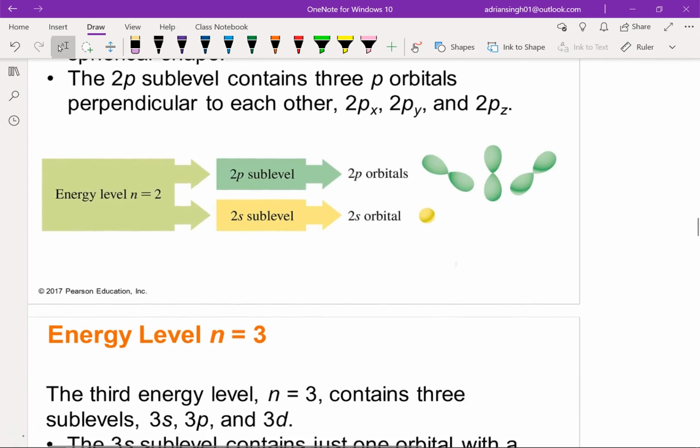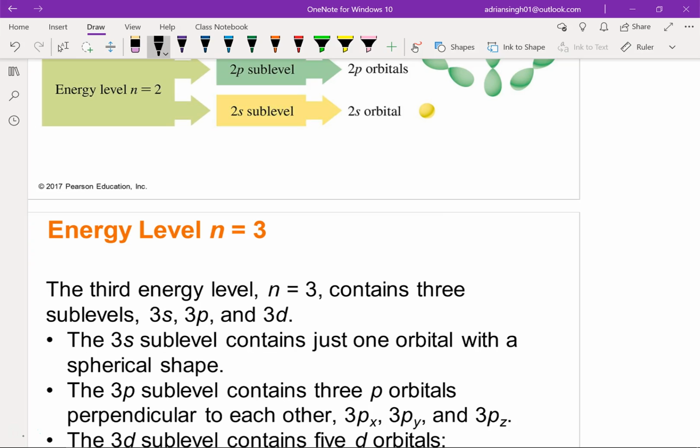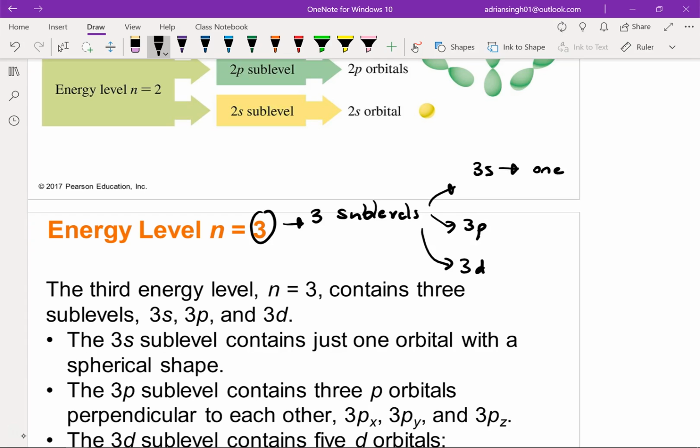When we get to higher energy levels, n equals 3, the 3 tells us we're going to have 3 sublevels. Okay, we're going to have the 3s, the 3p, and the 3d. The s sublevel contains just one orbital, the 3s orbital, like all s sublevels would.